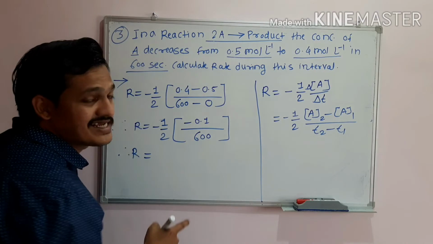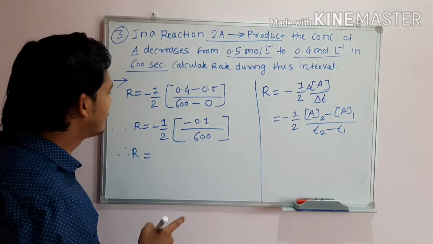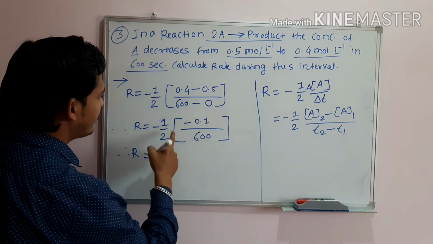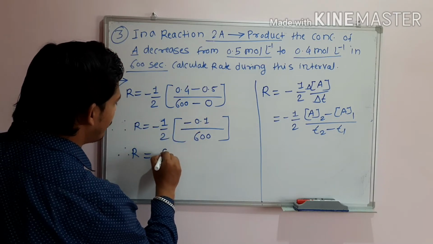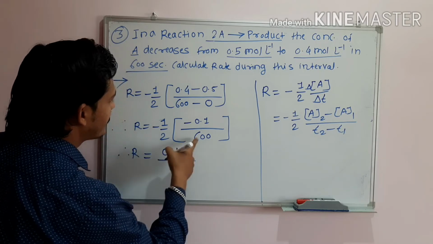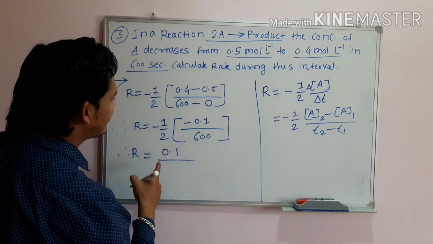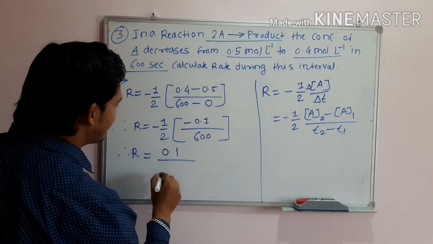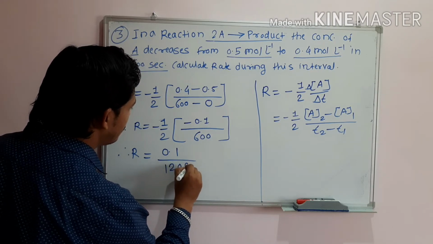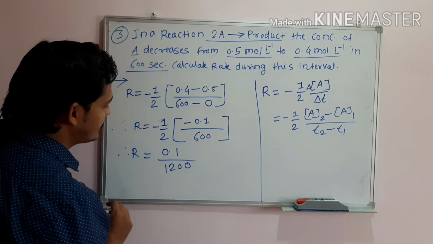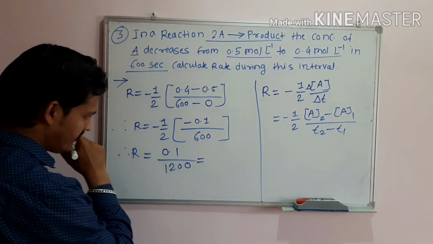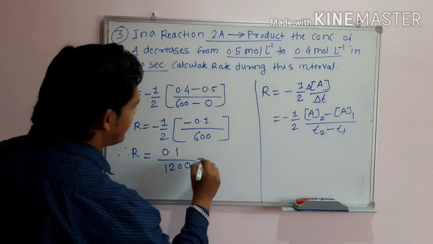Therefore, R is equal to minus minus cancel out. So 0.1 only remains there, 0.1 divided by 600 into 2, that is 1200. I think if we solve this equation, we get the final answer.